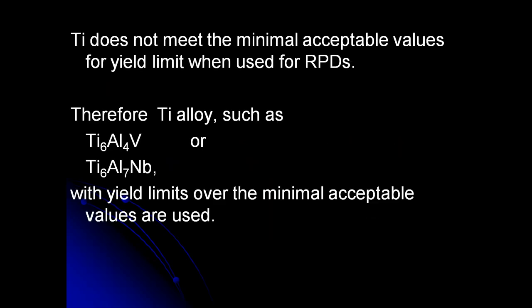Investment for casting titanium. Titanium does not meet the minimal acceptable values for yield limit when used for removable partial dentures. Therefore, titanium alloys such as Ti6Al4V and Ti6Al7Nb, with yield limits over the minimal acceptable values, are used.